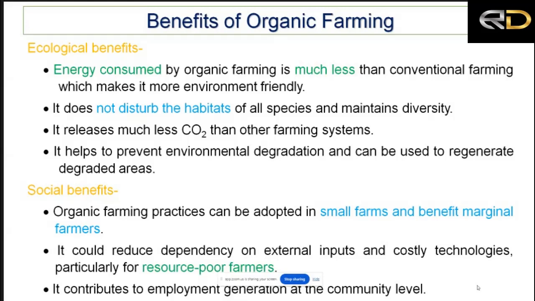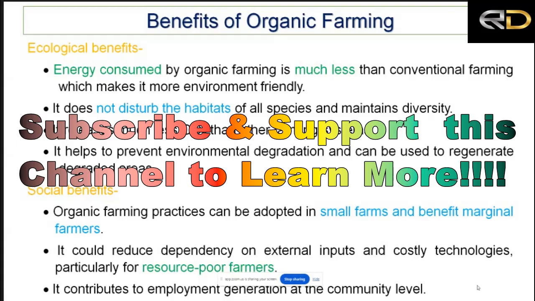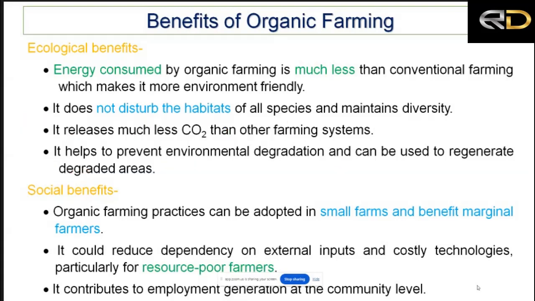If a farmer adopts organic farming, we are not using chemical pesticides or fertilizers, so the manual labor work, like hand weeding, hoeing and tilling, will be done manually. So a person who is not holding any land can also be employed in organic farming if someone is adopting it.